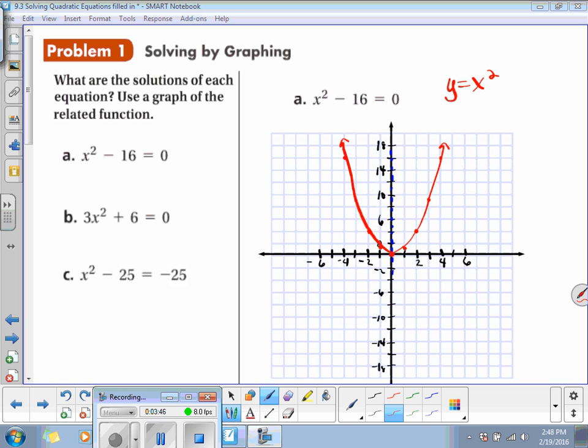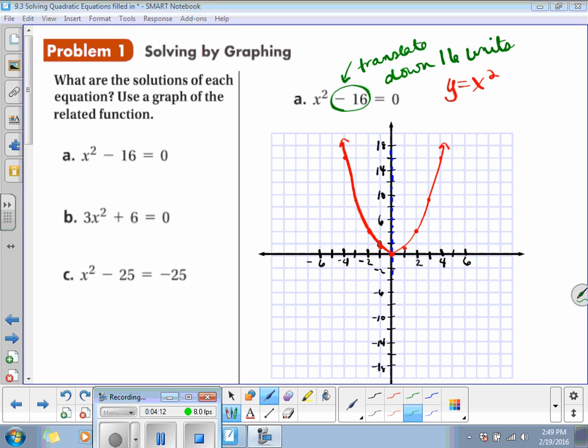If you look at this equation, x squared minus 16 is equal to 0. What does this tell you is going to happen to that parent function? It's going to move down 16 units. All right. So this negative 16 tells us that we're going to translate down 16 units.